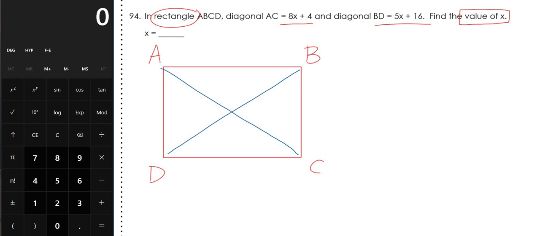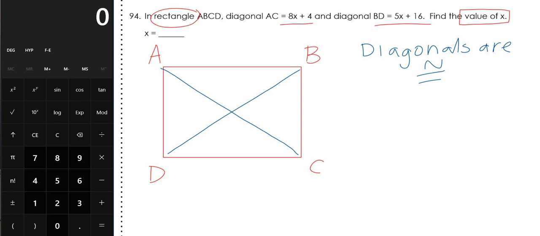Now, you have to think about, what do we know about rectangles and diagonals? In rectangles, what you have to know is that diagonals are congruent. So I'm going to write that down, and you should write it down in your notes. Diagonals are congruent. This is the case for rectangles and also for squares.